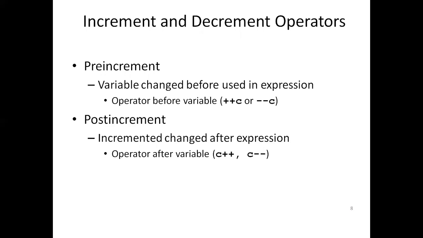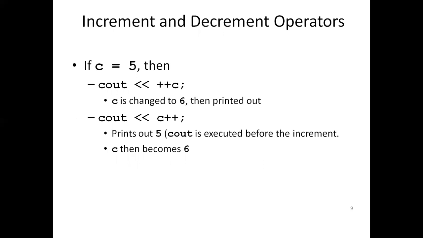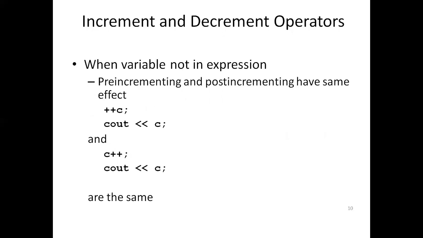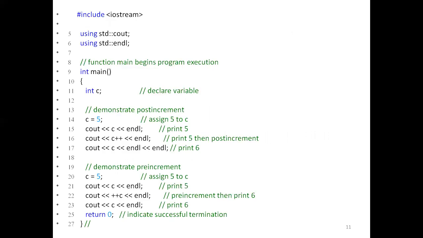So what are pre-increment and post-increment? With pre-increment, the increment operation is accomplished first, before the value is used. For example, ++c will print out 6 because it's a pre-increment, but c++ will print out 5 because this is a post-increment. In the example, on the 14th line we assign the initial value 5.